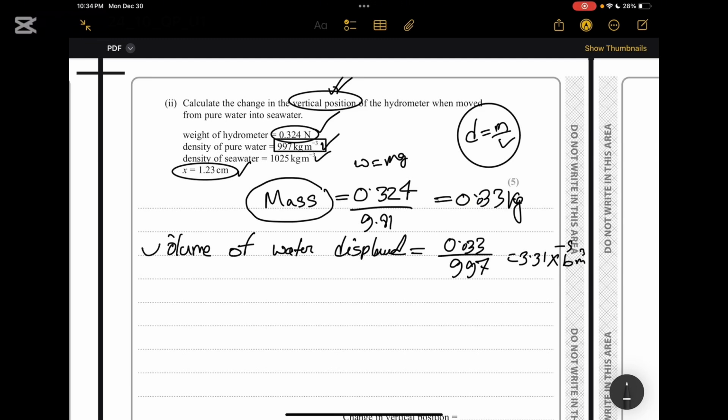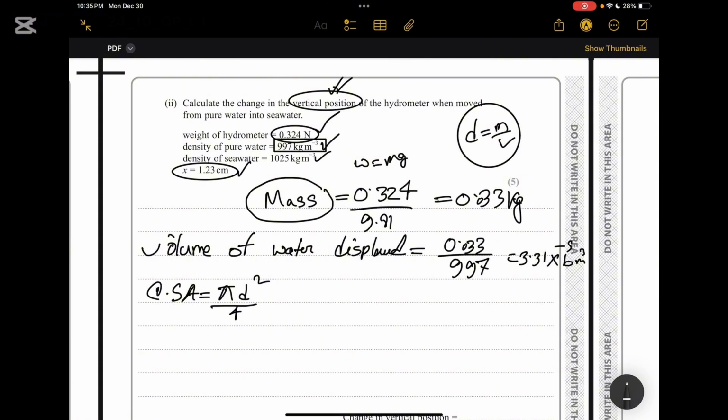All right, so up to this part it was very easy to figure out. Now we have to figure out the cross-sectional area of the hydrometer. The cross-sectional area is equal to pi d squared by 4.